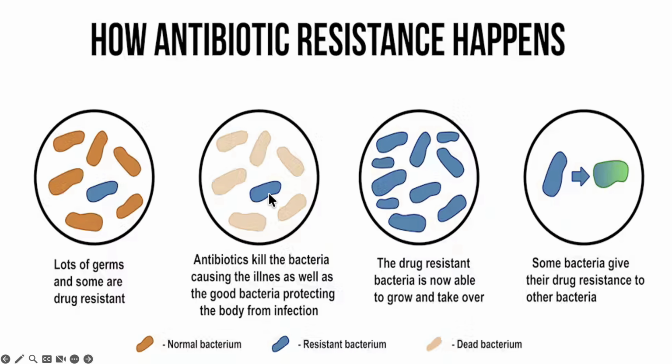They leave behind the ones that are resistant. Those resistant bacteria are the ones that now grow and take over and replicate, and they can even give their resistance to other bacteria, not through replication, but just through a little cloud share, right? So they can give their resistance over, and through spreading, we get antibiotic resistance.